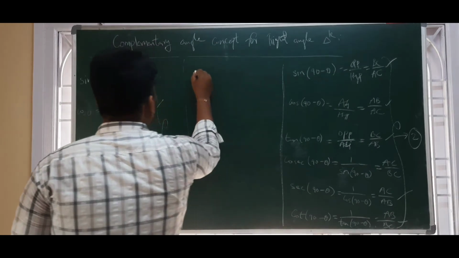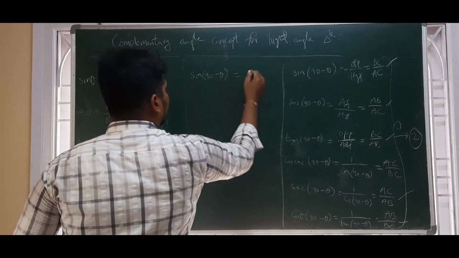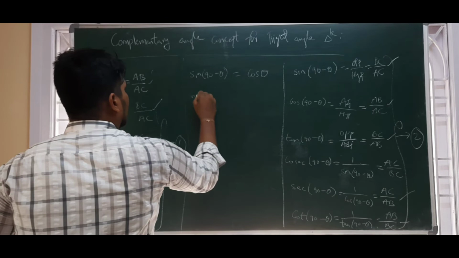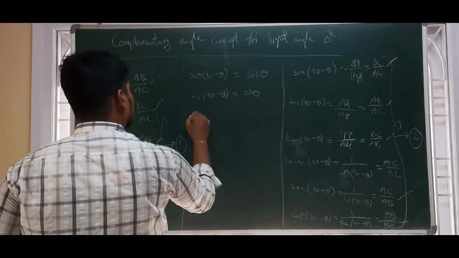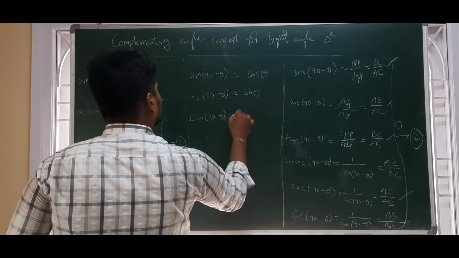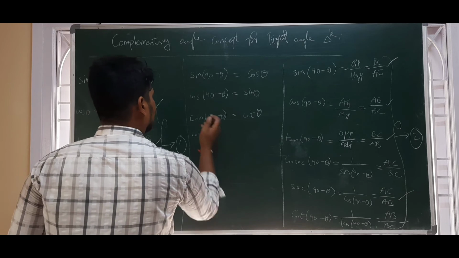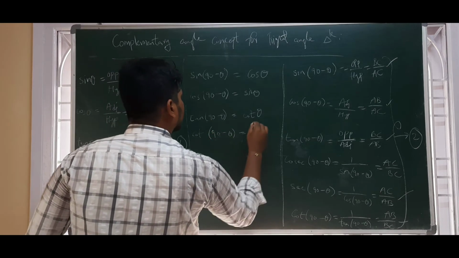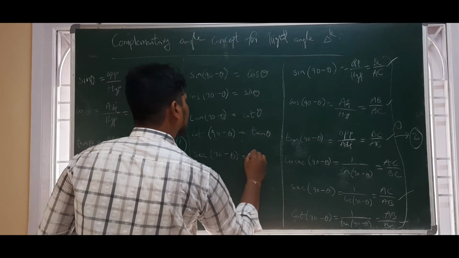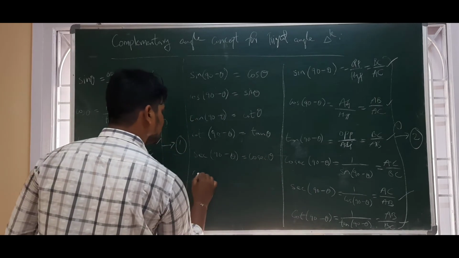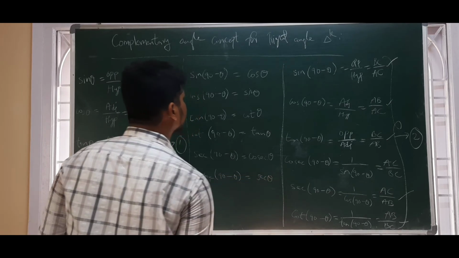So, now from both the equations can I tell sin 90 minus theta is equal to cos theta, cos 90 minus theta is equal to sin theta, tan 90 minus theta is equal to cot theta, cot 90 minus theta is equal to tan theta, secant 90 minus theta is equal to cosecant theta, cosecant 90 minus theta is equal to secant theta.